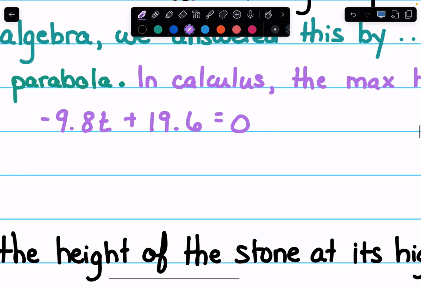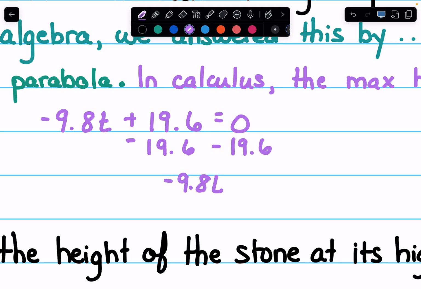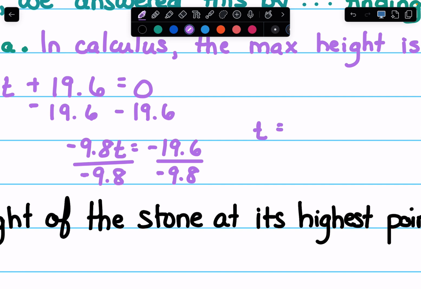So this is just a normal, real easy equation. We would subtract 19.6, and then divide by negative 9.8, and get what? 2 seconds.